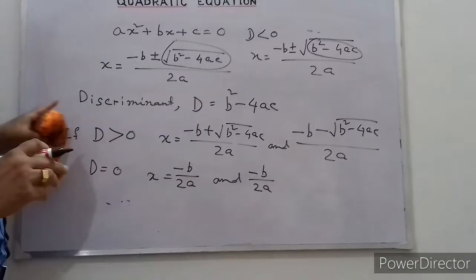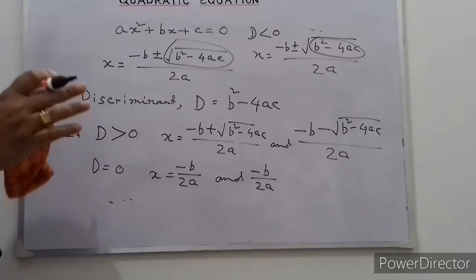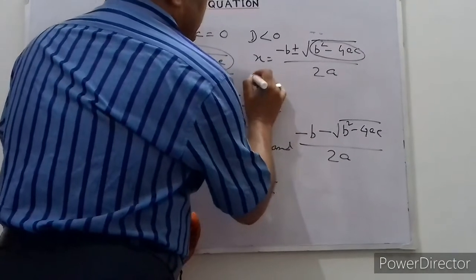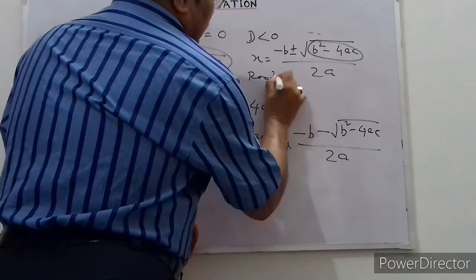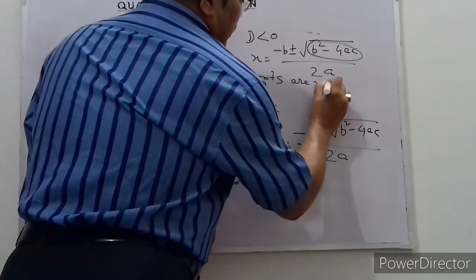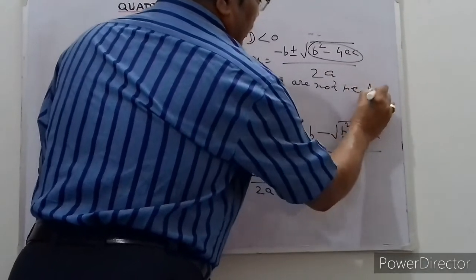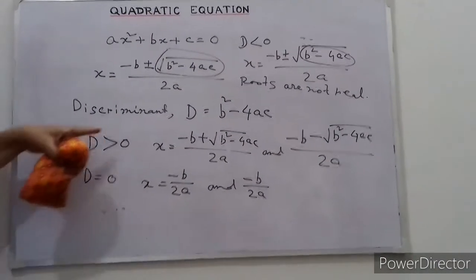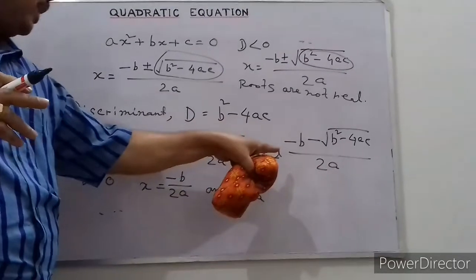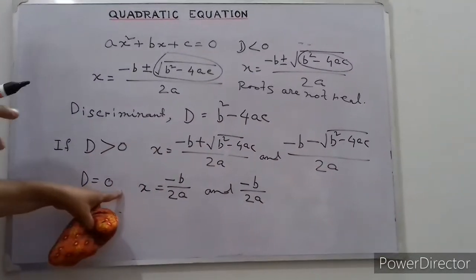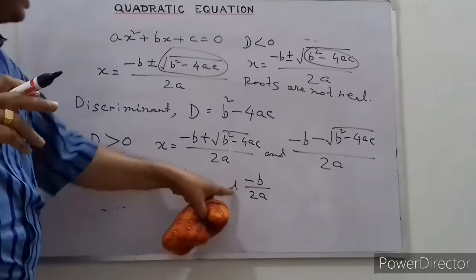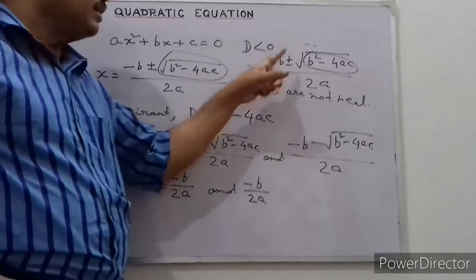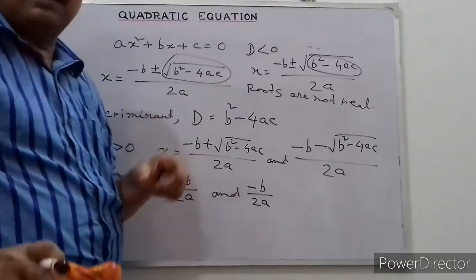In that case, the roots of the quadratic equation are not real. So in these three cases, if D is greater than 0, the roots are unequal and real. If D equals 0, the roots are equal and real, and if D is less than 0, the roots are imaginary.